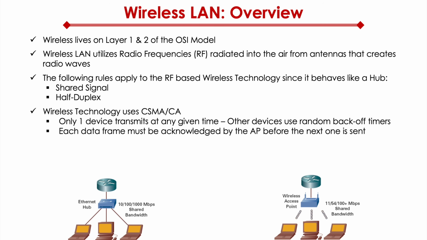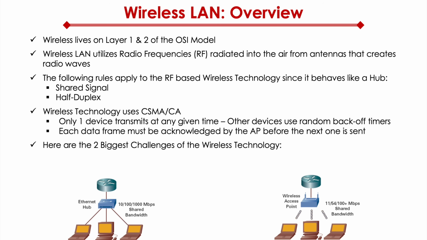And each frame must be acknowledged by the access point before the next one is sent. And if the acknowledgement is not received, we retransmit data. That's why on the wireless network, the actual throughput that we end up experiencing is a lot less than what's advertised by the access point manufacturer.